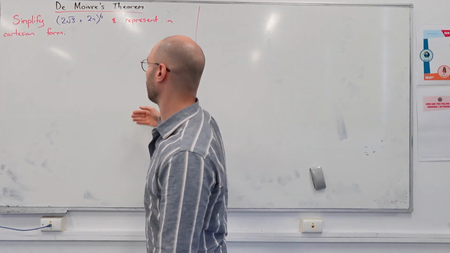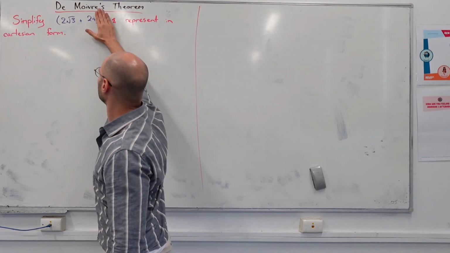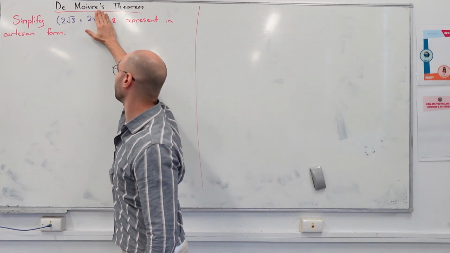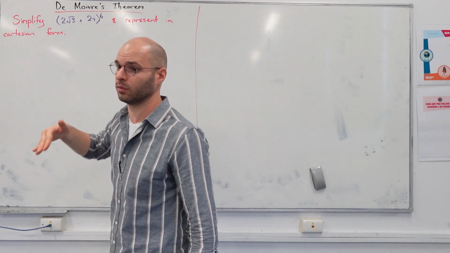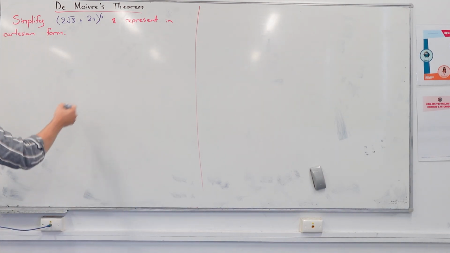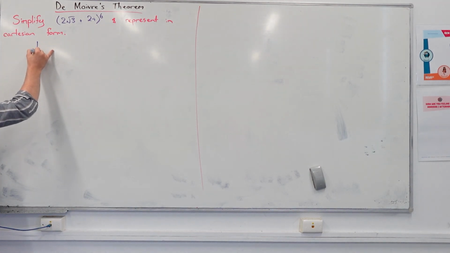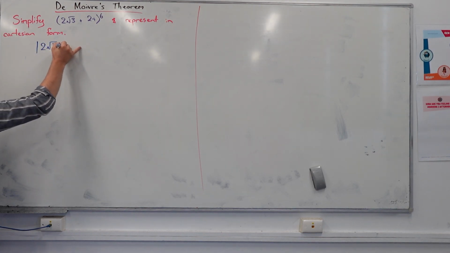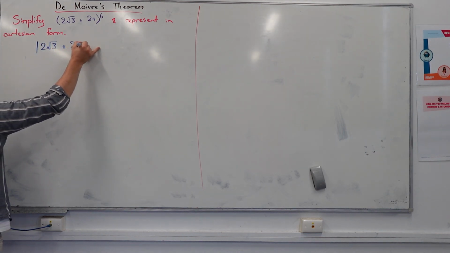So first thing we're going to start off with is we're going to ignore the brackets and the power of 6, and we're just going to convert 2 root 3 plus 2i into polar form. To do this, I'm going to start off by going modulus of 2 root 3 plus 2i.